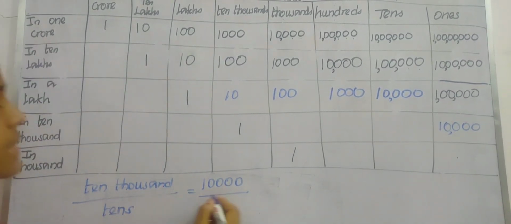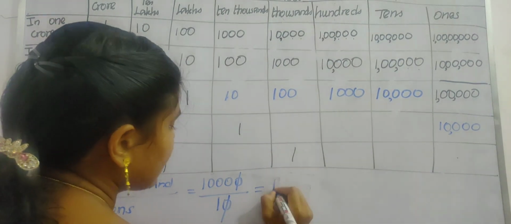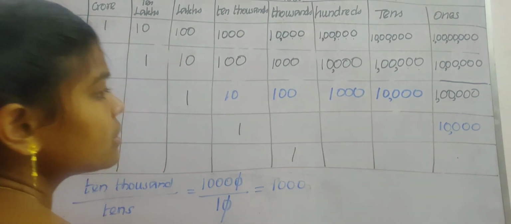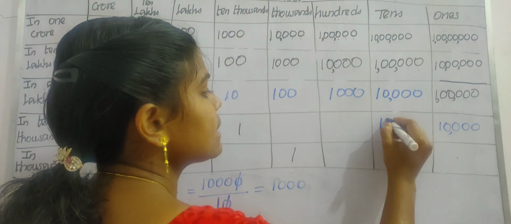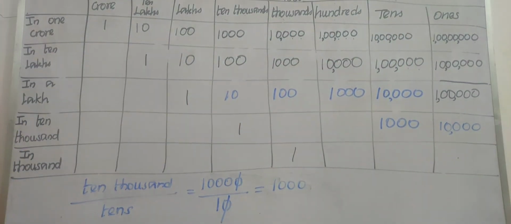So divided by tens, put 10. Just strike out 1 0 and here 1 0. So what will you get? You will get 1000. So there are 1000 times tens in a 10,000. Okay children, so let us find for hundreds.